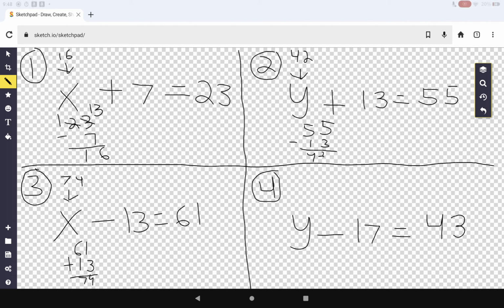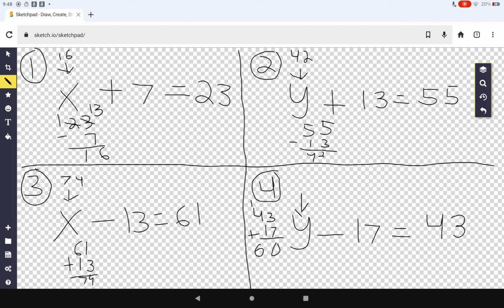The last one is basically the same thing. It's just y instead of x. Basically you just have to add. So I'll do it right here. 43 plus 17, which is 60.